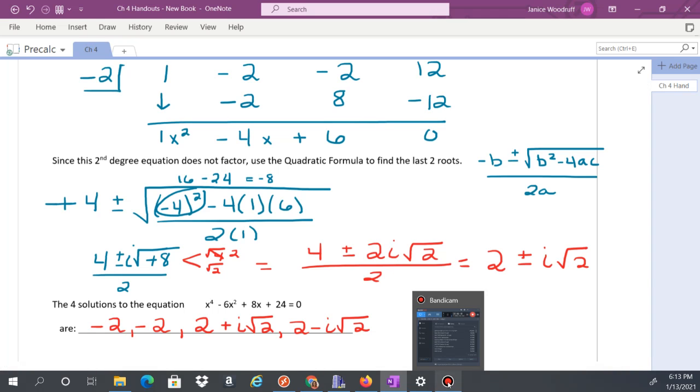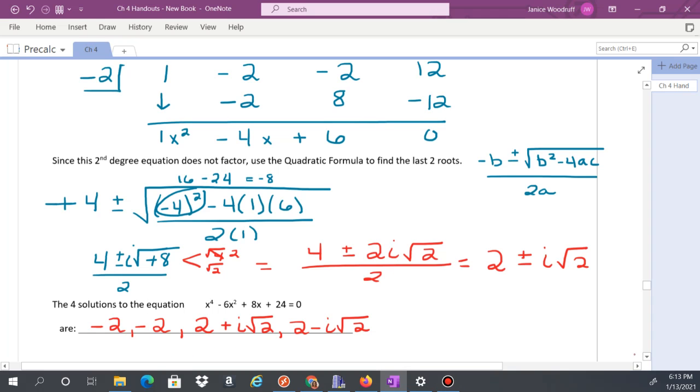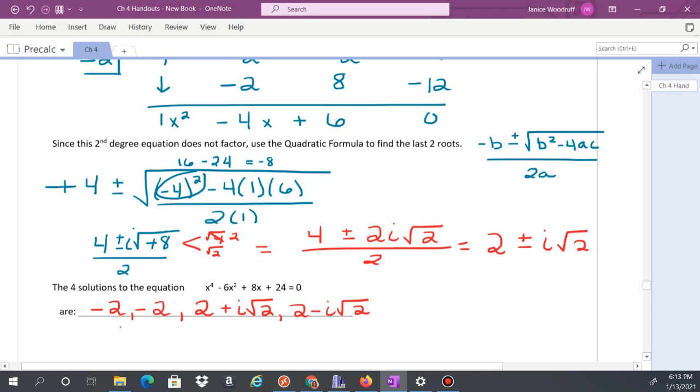Break them out when you're writing them, unless it indicates that you could not, then you could write it like this, -2 with a multiplicity of 2, because it occurs twice. And then 2 plus or minus i radical 2. So you could write it either way. I'd go the first way. I mean, you're probably writing just as much either way, but I'd go the first way just in case.